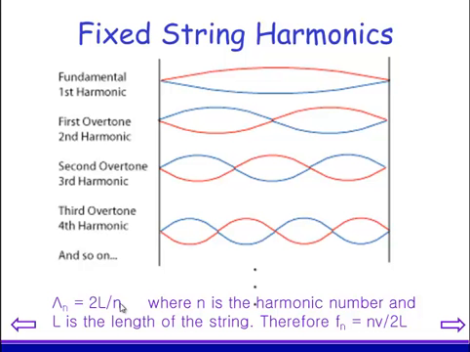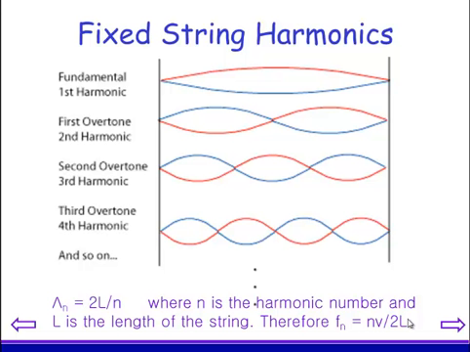Now, if we remember the relationship between wavelength, frequency and speed, we can also ascertain that the frequency of a specific harmonic is equal to the harmonic number multiplied by the speed of the wave divided by 2 times the length.